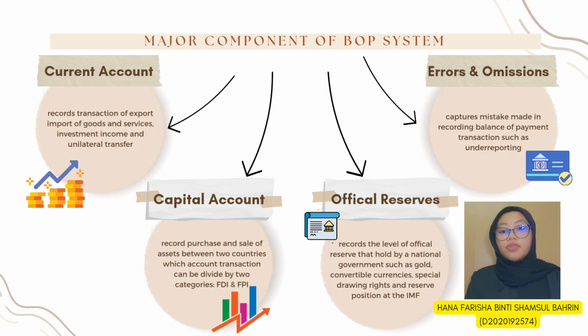The third one is official reserves. It records the level of official reserves held by a national government, such as gold, convertible currency, special drawing rights, and the reserve position at the IMF. The fourth one is errors and omissions. It captures mistakes in the recording of balance of payments transactions, such as under-reporting.